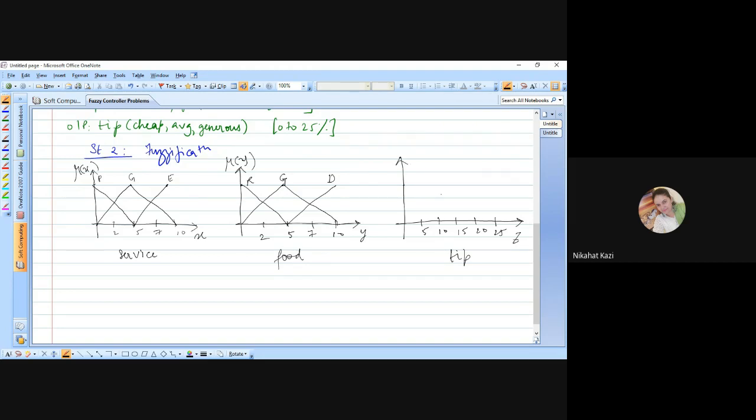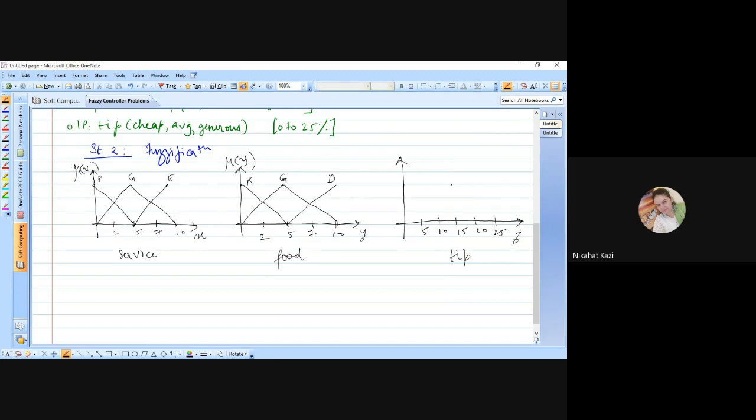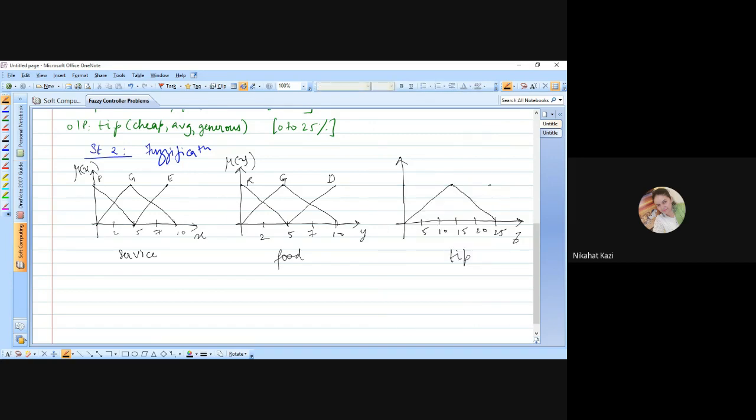So the tip is cheap, is average, or generous. Okay. So these are our graphs.